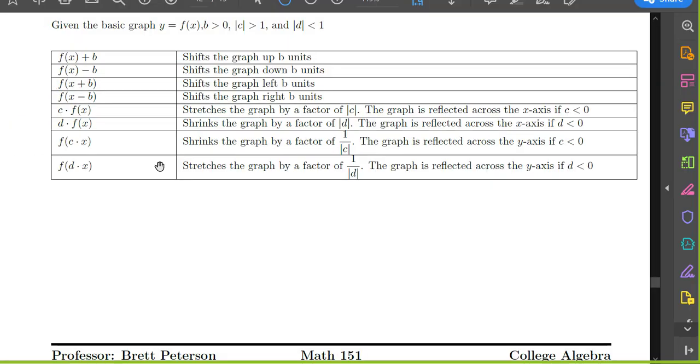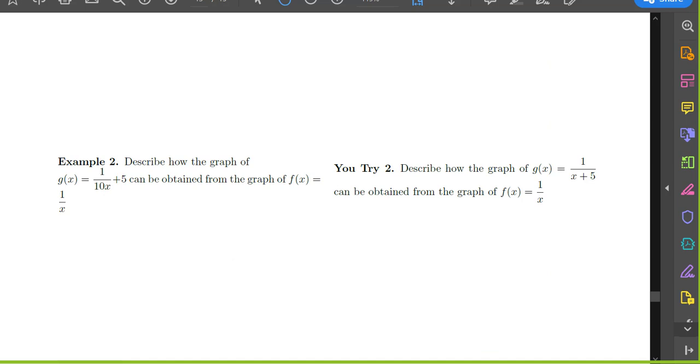Let's go ahead and take a look at our next example. So example 2.